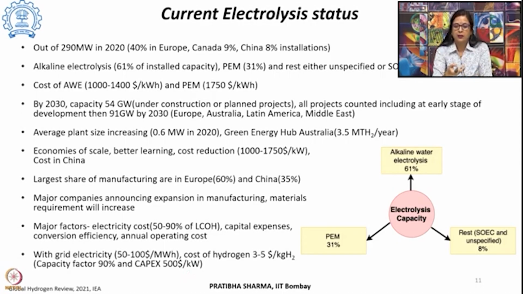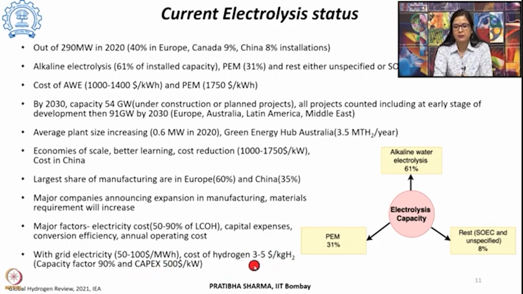So, the cost will reduce if it is produced from renewables, and let us say if it is produced at zero cost and considering an operating time of 750 hours per year, still the cost will be $3 per kg.